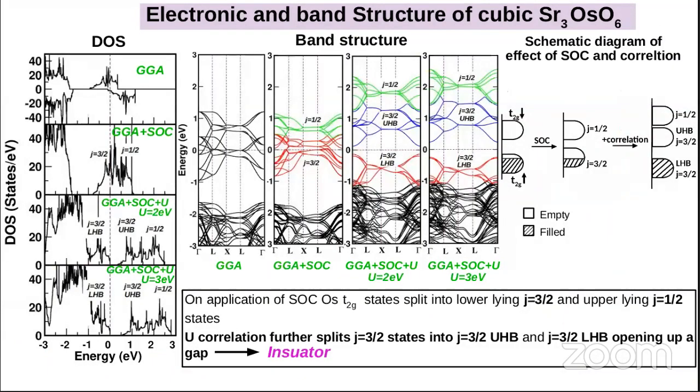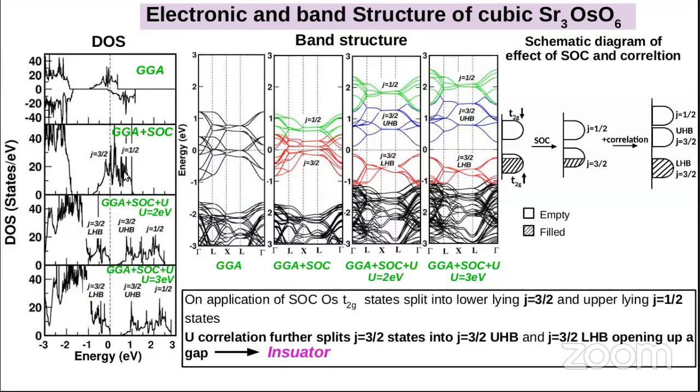Next, the electronic and band structure of cubic Sr3OsO6. Here we have uncovered the insulating nature of ferromagnetic Sr3OsO6. To do so, we did a systematic calculation in the GGA, GGA plus SOC, and GGA plus SOC plus U schemes. The GGA scheme gives a metallic nature, crossing the Fermi energy.